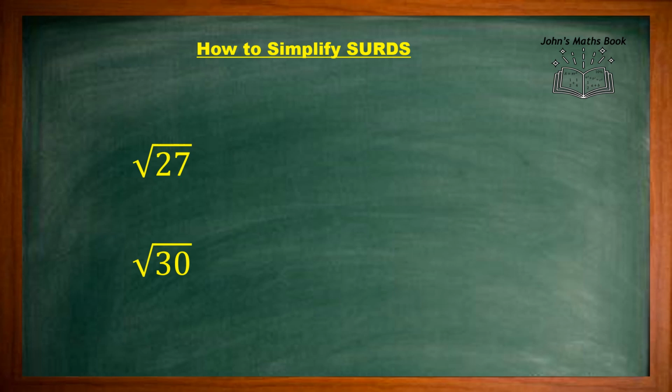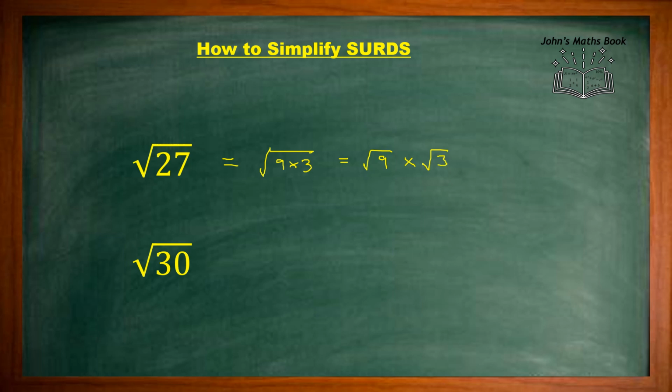The square root of 27 can be written as the square root of 9 times 3. Now this can be written as the square root of 9 times the square root of 3.